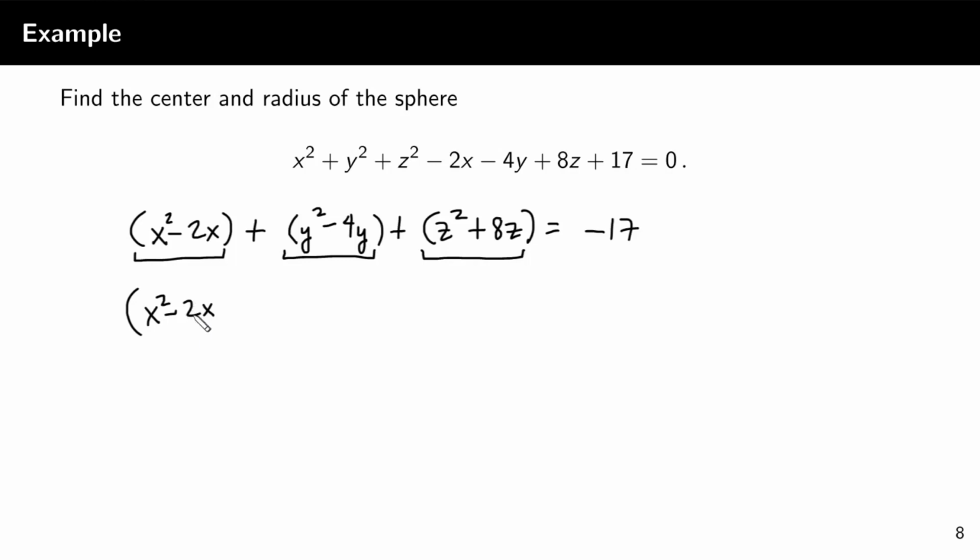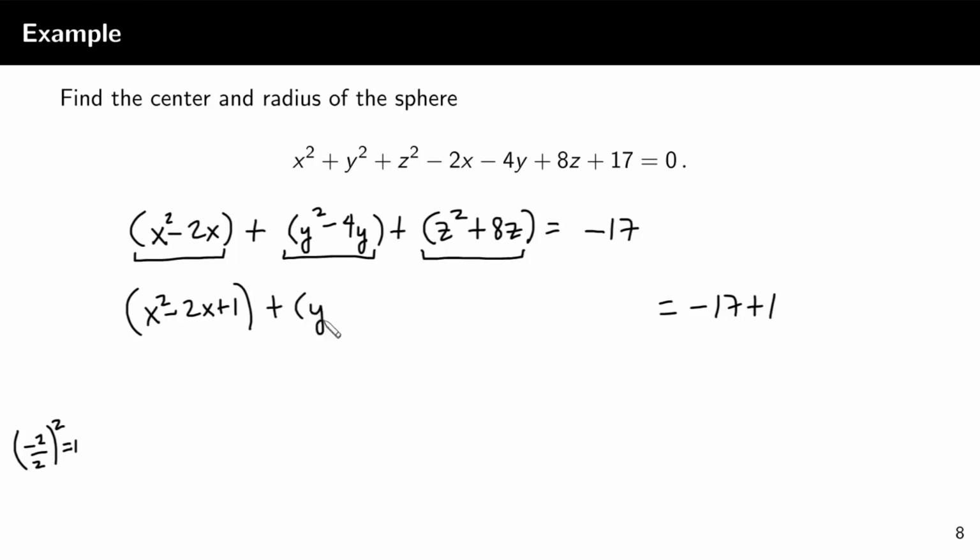So negative 2 divided by 2 is negative 1, and squaring it gives 1. So 1 is what we add. Then we add the same on the right: negative 17 plus 1.